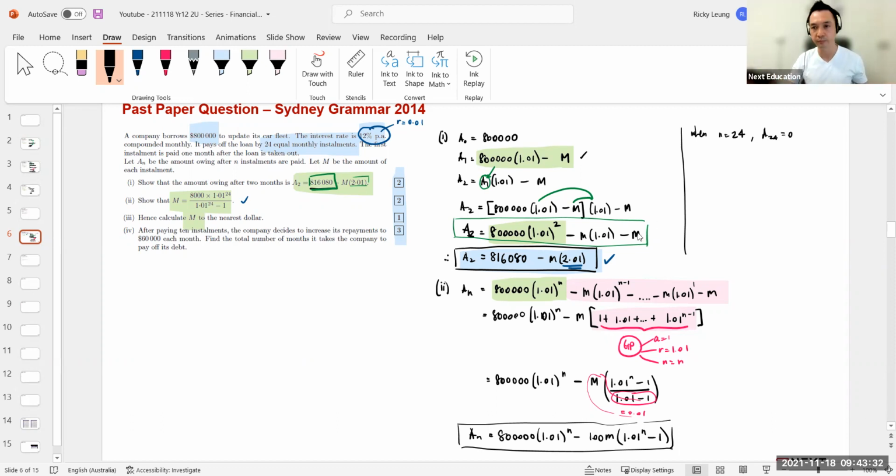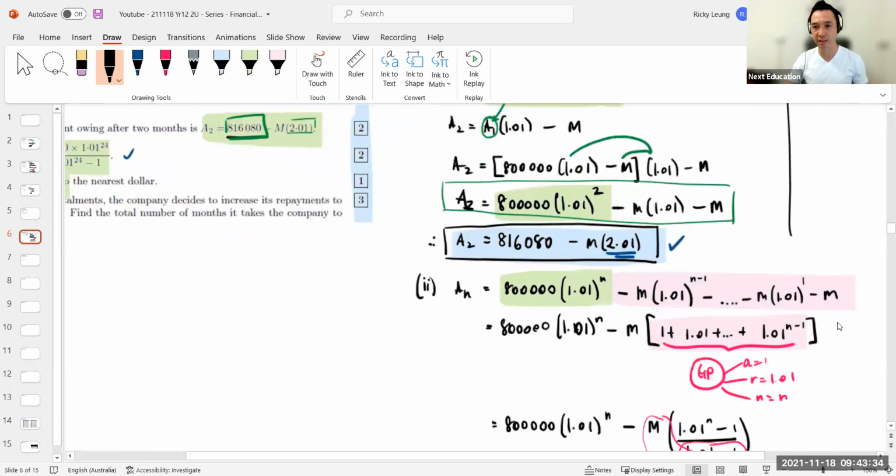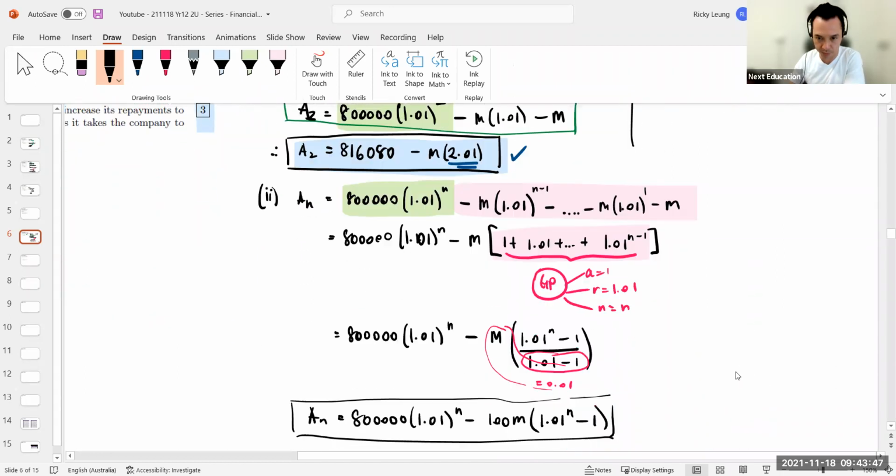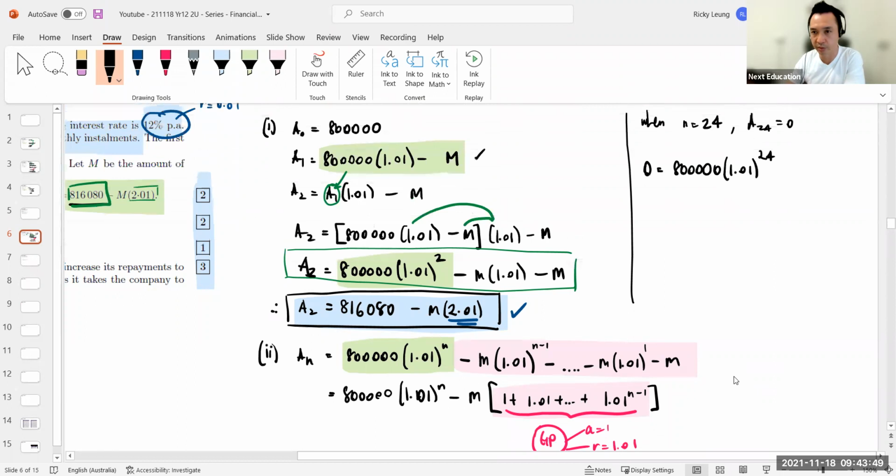So I'm going to sub n equals 24 in. So 0 equals 800,000 times 1.01 to the power of 24. Anytime you see n in that box, let's plug in 24. So minus 100m times 1.01 to the 24 minus 1.